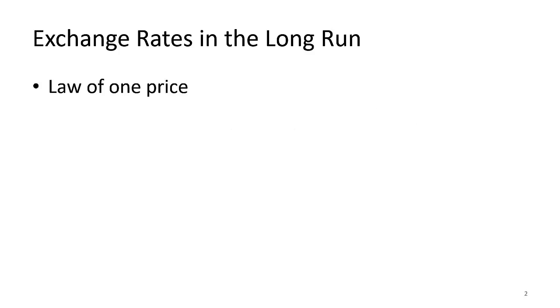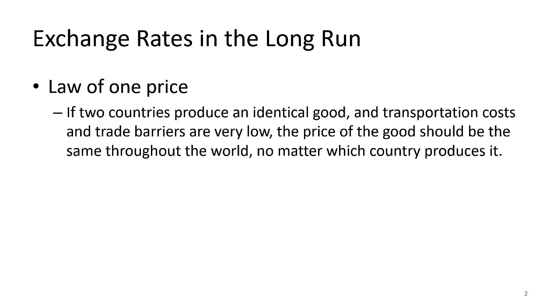What does it mean? It means if two countries produce an identical good and transportation costs and trade barriers are very low, the price of the good should be the same throughout the world, no matter which country produces it.